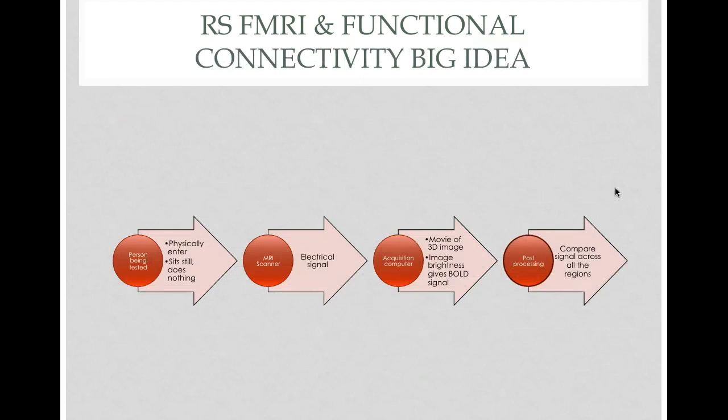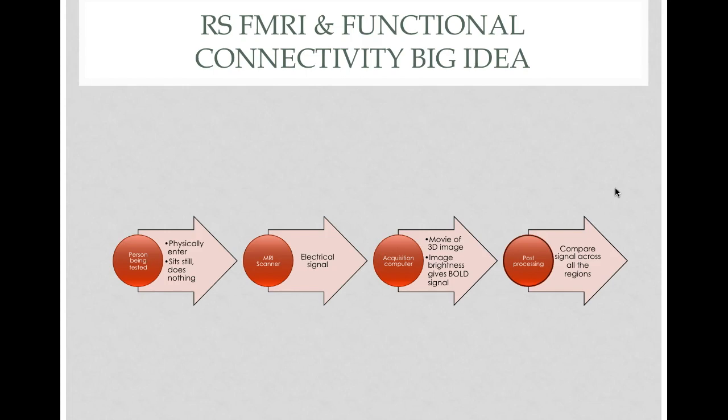So, getting back to the main idea finally for resting state fMRI and functional connectivity. Person enters the scanner still, outputs a 3D image with time, a 3D movie. And then instead of doing a typical post-analysis, you're still going to do pre-processing, although the characteristics of the pre-processing are a little bit different.